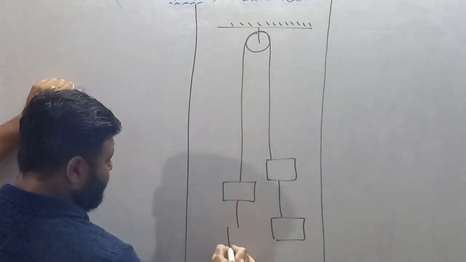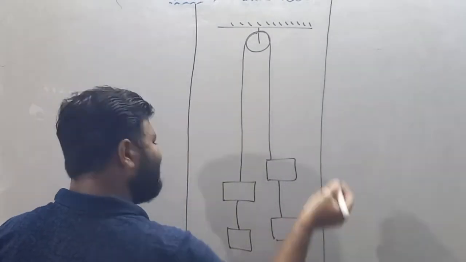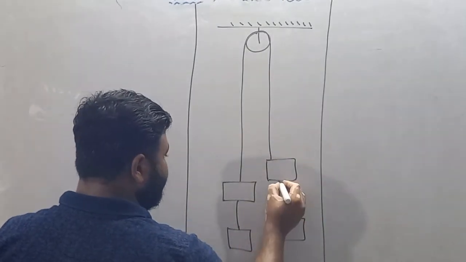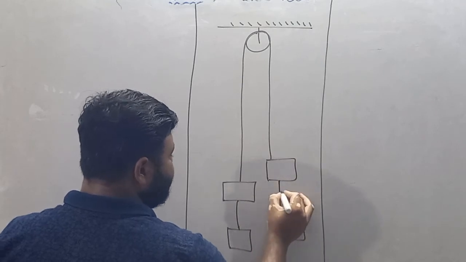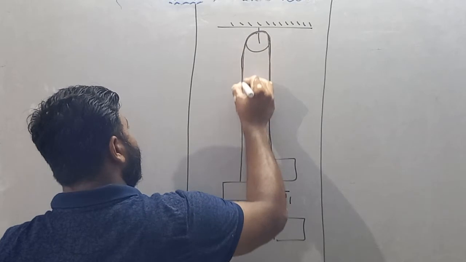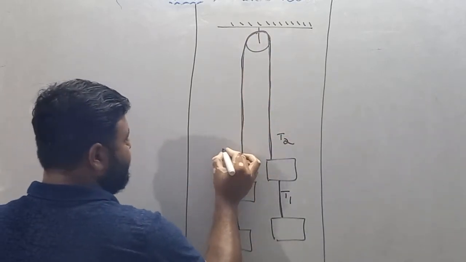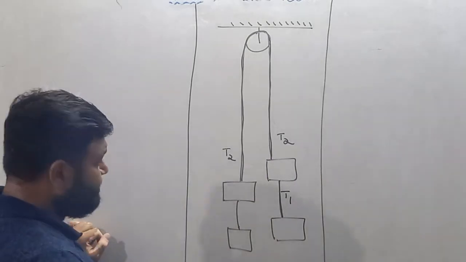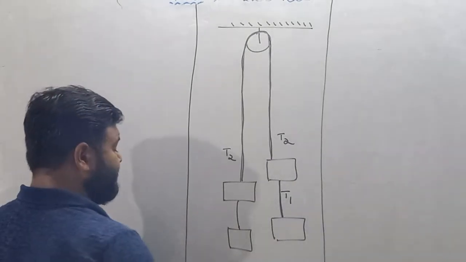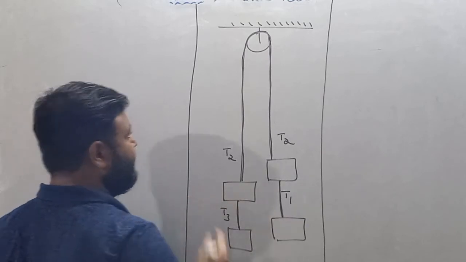On both sides, two blocks are present. In this rope, tension is T1. This is a single rope. So if on this side T2 is there, then on this side also T2 is present. In this rope, let the tension be T3.